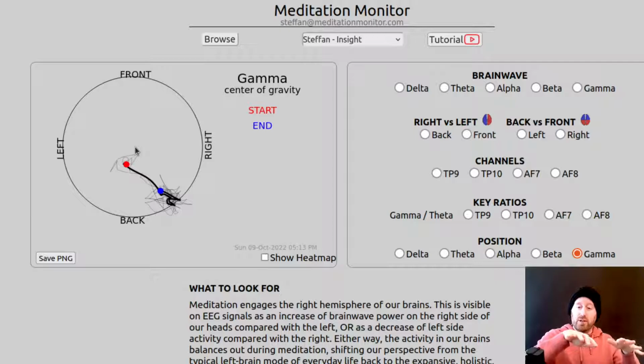If you tip one way, because gamma is stronger on one side, then the ball is going to roll down in that direction. If each channel, TP9, TP10, all of these have the same gamma, even if it's very high, because they're all equal, it'll still be in the middle, right? Because if you're perfectly level, then everything's balanced.